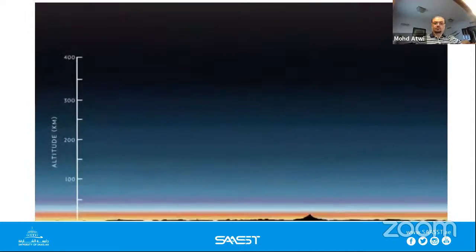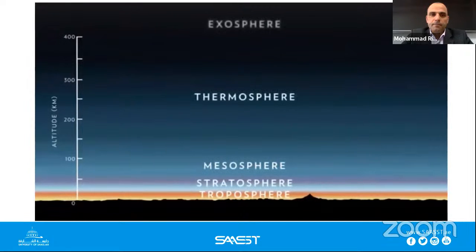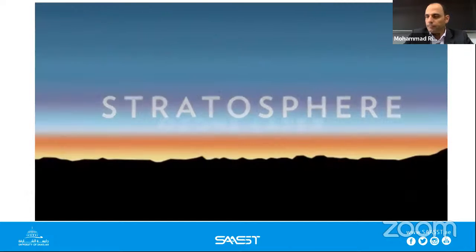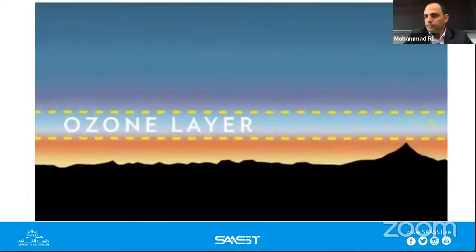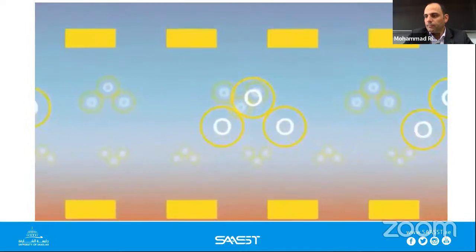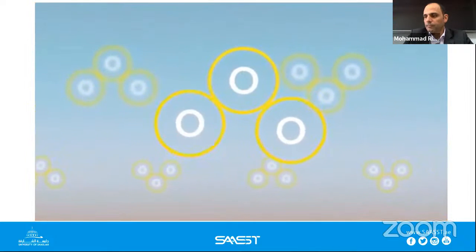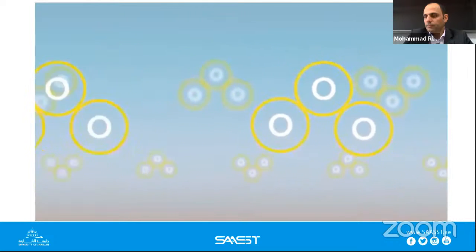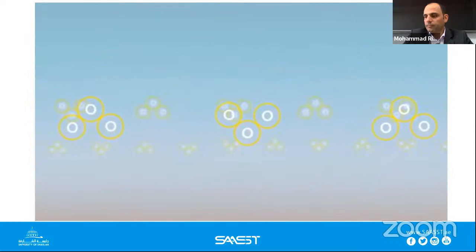Earth's atmosphere is made up of 6 layers. The second layer, called the stratosphere, contains the ozone layer. The ozone layer is made up of a highly reactive molecule called ozone, which contains 3 oxygen atoms. Ozone is a trace gas in the atmosphere.